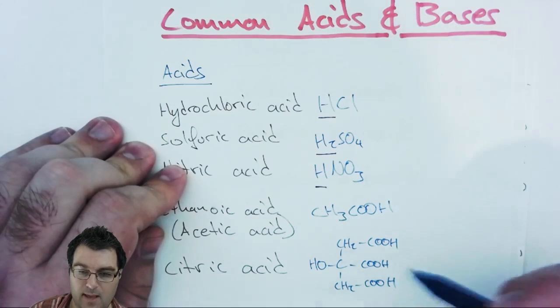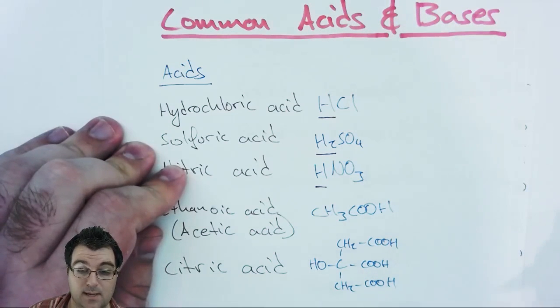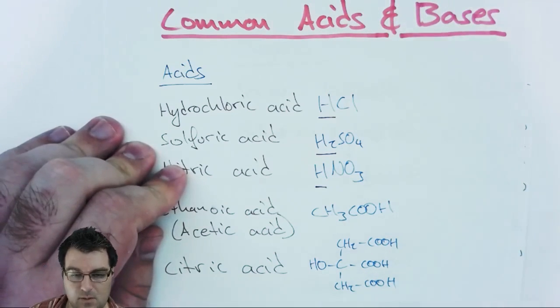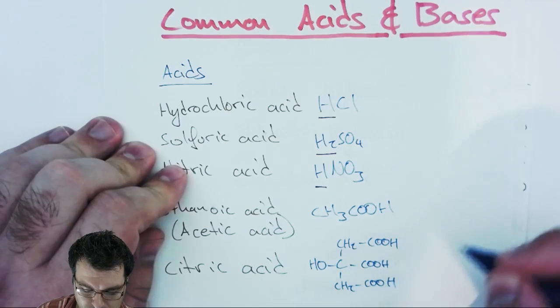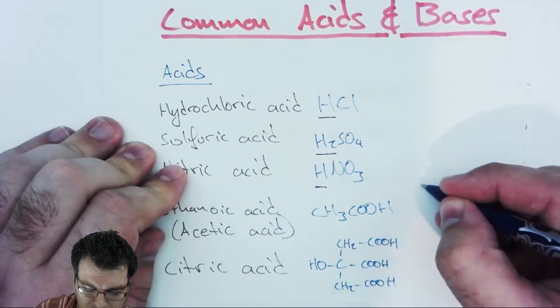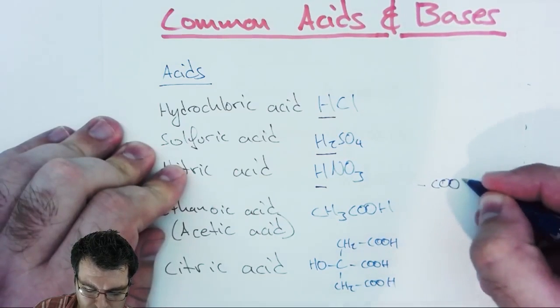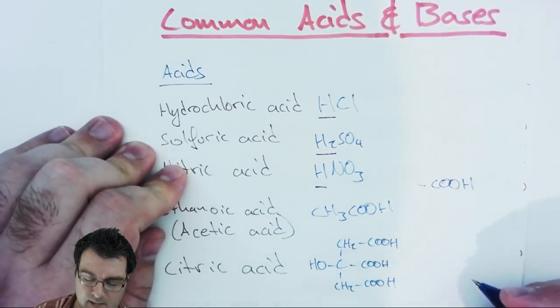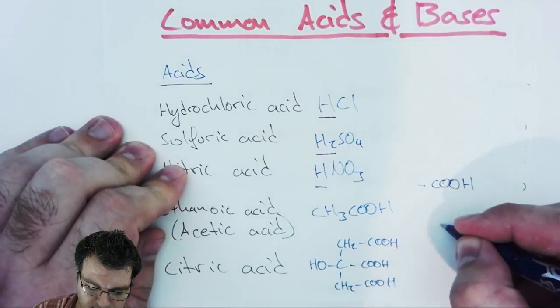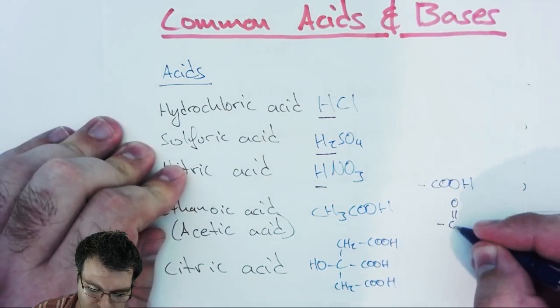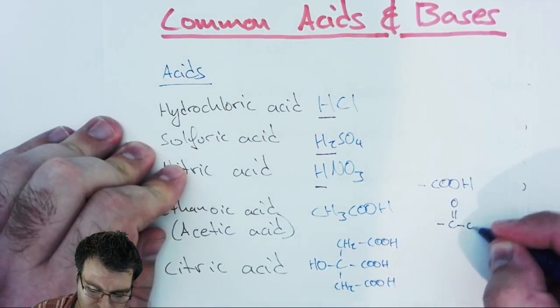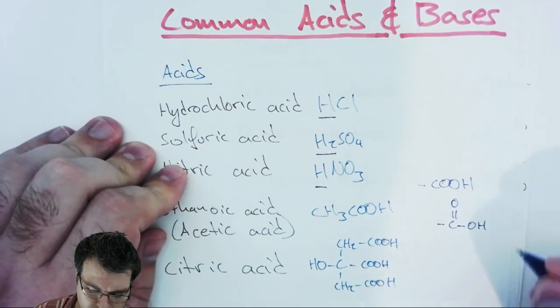Now, in the case of organic acids, which is what many of our weak acids are, it's a little bit more complex. Really what you're looking for is a COOH group in most cases. As a functional group, that's going to be an oxygen double bonded to a carbon, which is then bonded to an OH group.